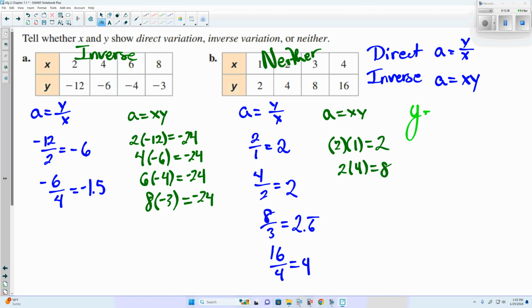You don't have to write this down, but the equation that this data represents is actually y equals 2 to the x. It's not actually part of the lesson, but I was just saying this is the equation that represents these numbers.